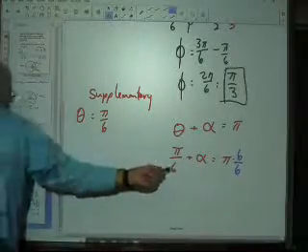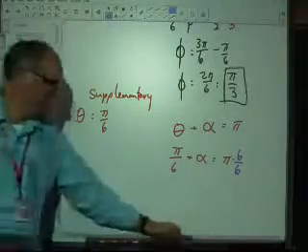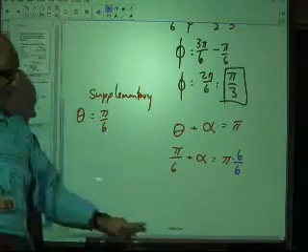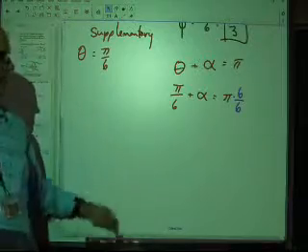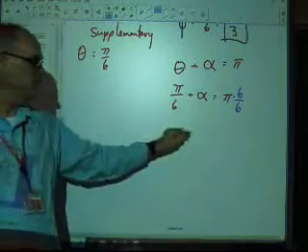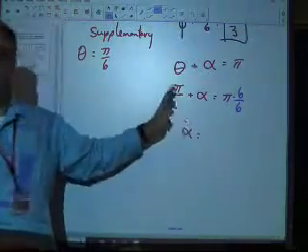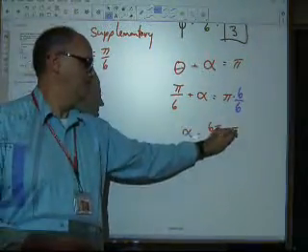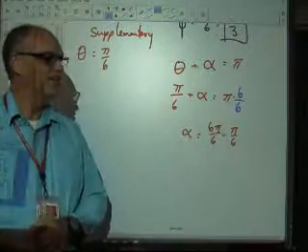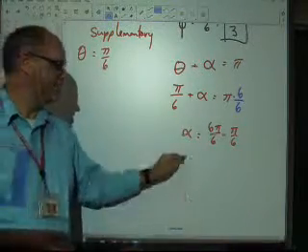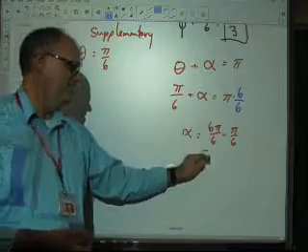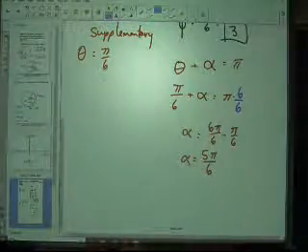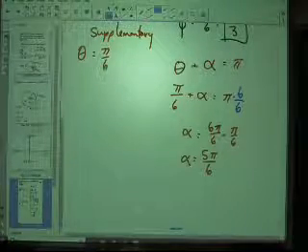Didn't we subtract in the last one? Yes, but why are we subtracting? Because I want to get alpha by itself, and algebra tells me that. So alpha is equal to 5 pi over 6. That's the supplement.